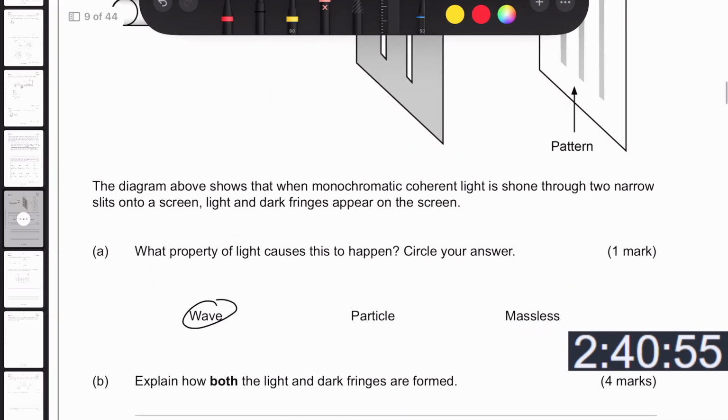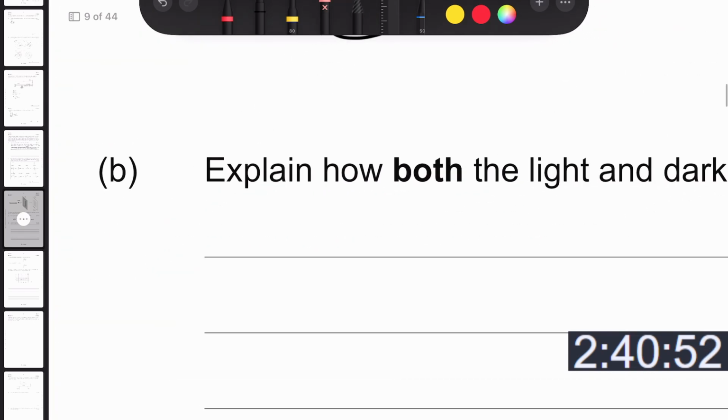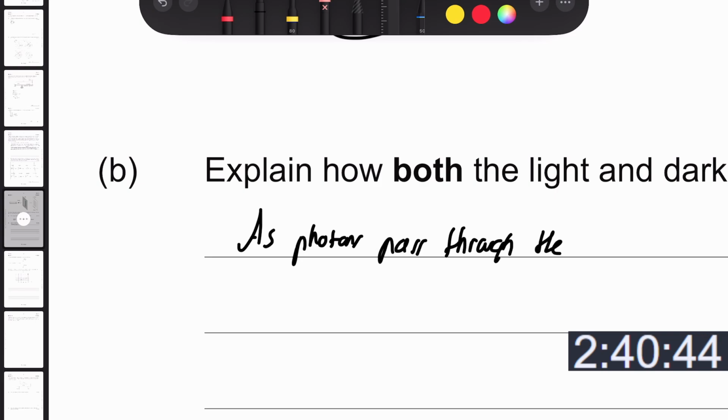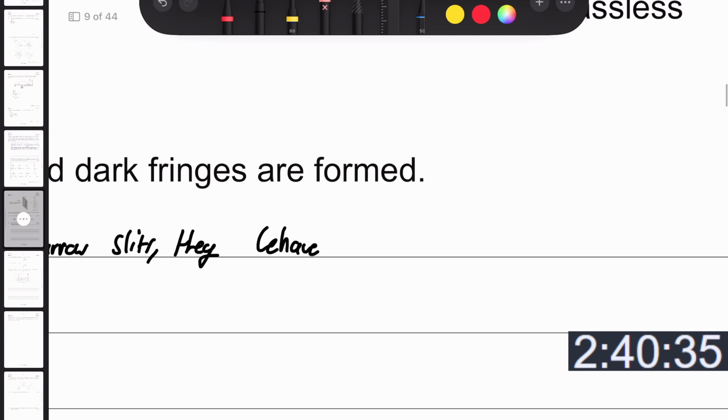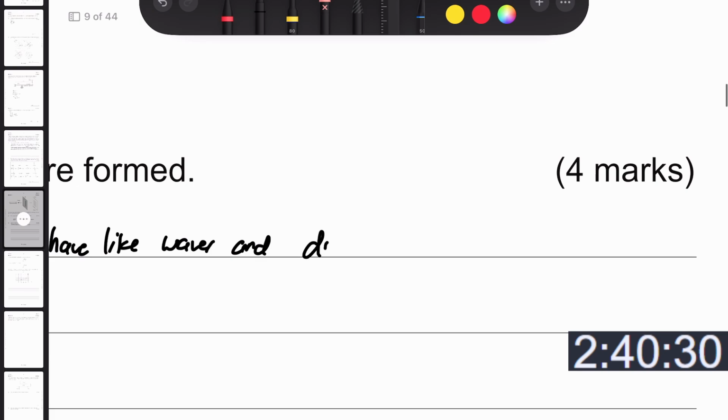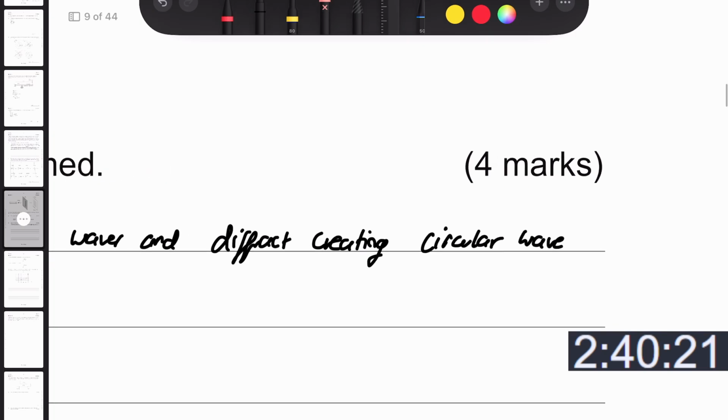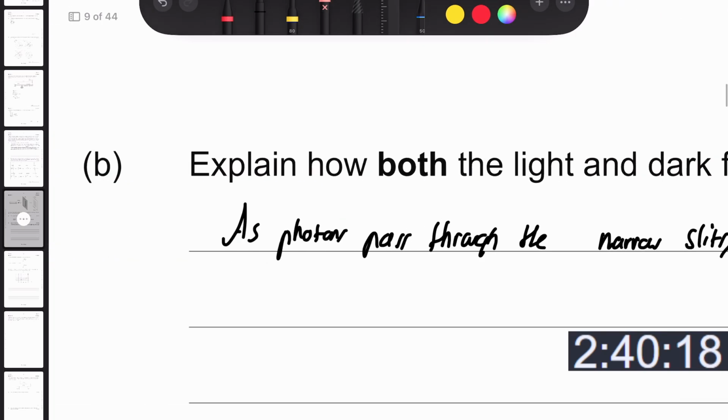So as photons pass through the narrow slits, they behave like waves and diffract, creating circular wavefronts as they exit the slit.